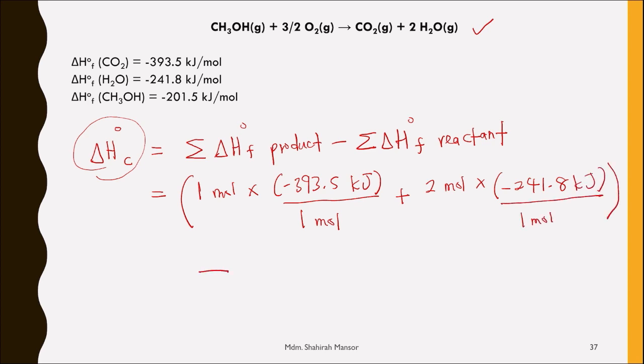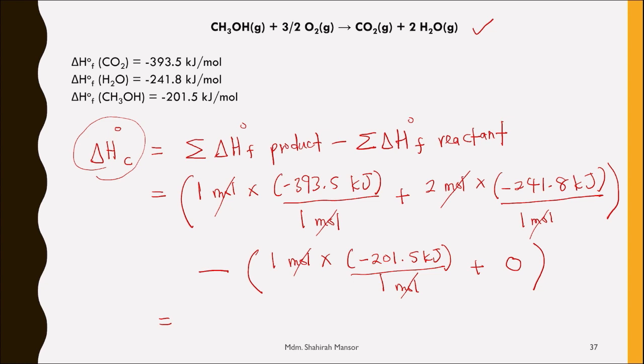Now we have to subtract the reactants. For the reactants we have 1 mole of methanol with -201.5 kilojoule over 1 mole, plus oxygen, which is 0. From here you can cancel the units, and you can calculate the answer.